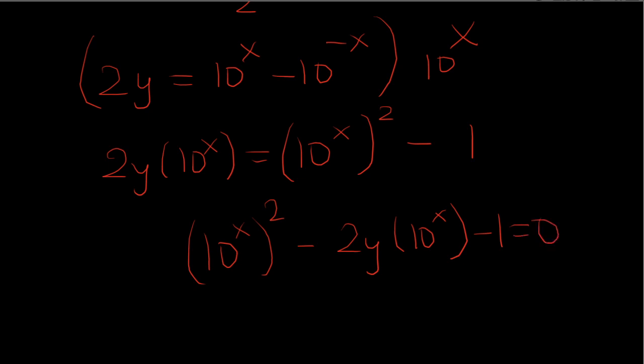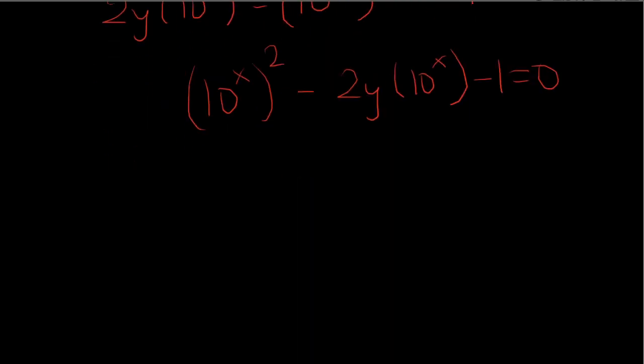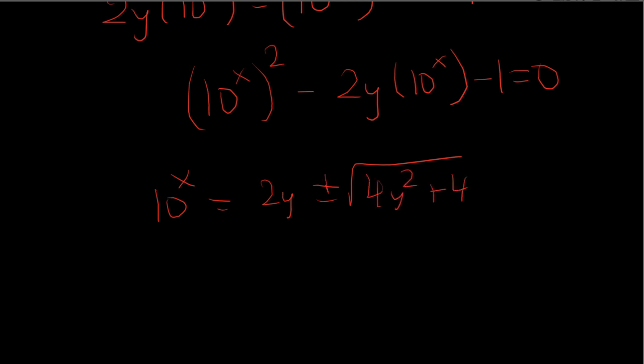And then I could just use the quadratic formula, which we know is just 10 to the x equals 2y plus or minus the square root of 4y squared plus 4 over 2. These 4's are going to come out of the square root as 2's, which are going to cancel with the other 2's.